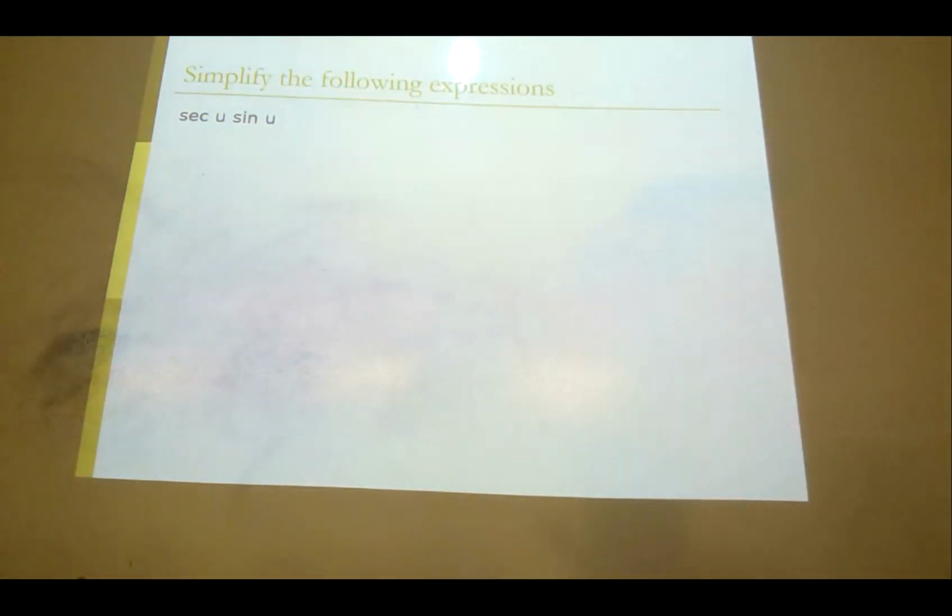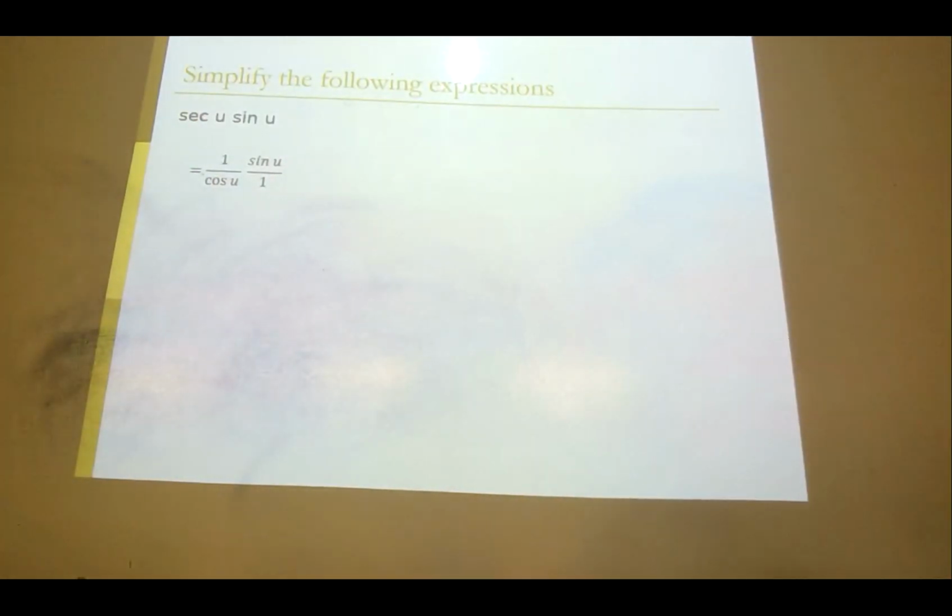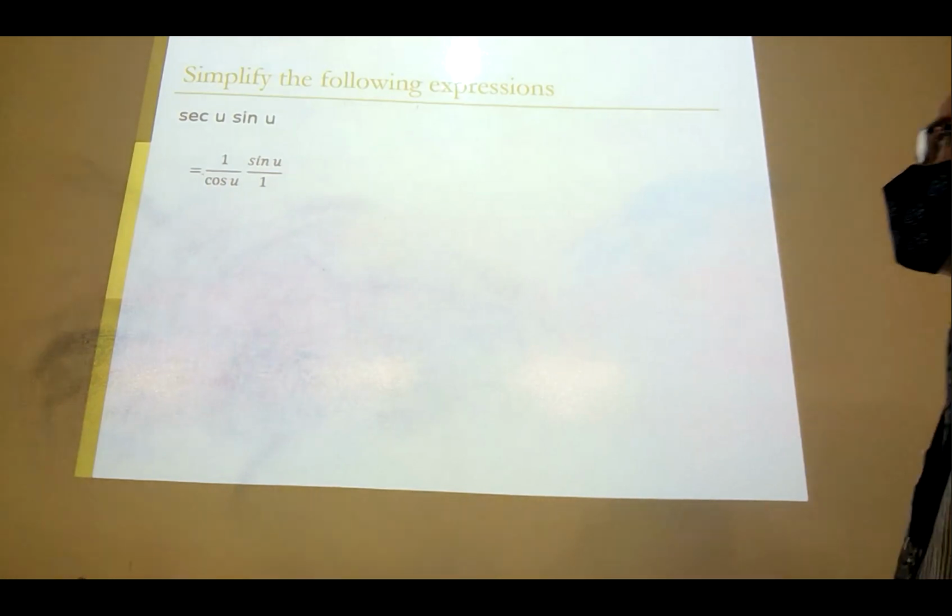Let's take a look at another one. Here I've got secant u times sine of u. Well, I don't like secants and cosecants. If I don't have to use them, I'm going to change them to a cosine or a sine. And secant happens to be 1 over cosine. So I have 1 over cosine times sine of u over 1.